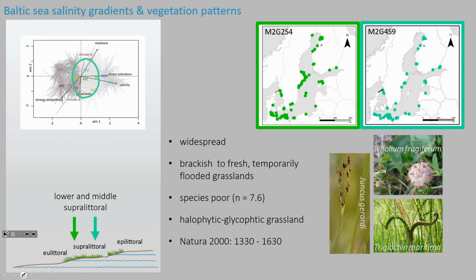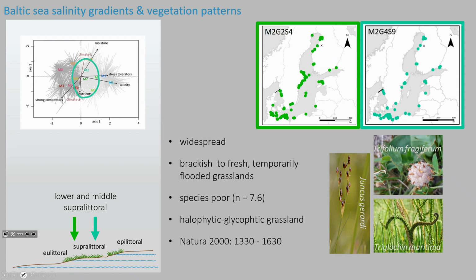And then when we go to some examples that show rather widespread distribution patterns that are not that saline anymore, somewhere here in the middle, and they grow also in the littoral gradient somewhere in the middle. It's not that easy anymore to see to which of those Natura 2000 types they belong, at least if we only take into account the floristic composition here.